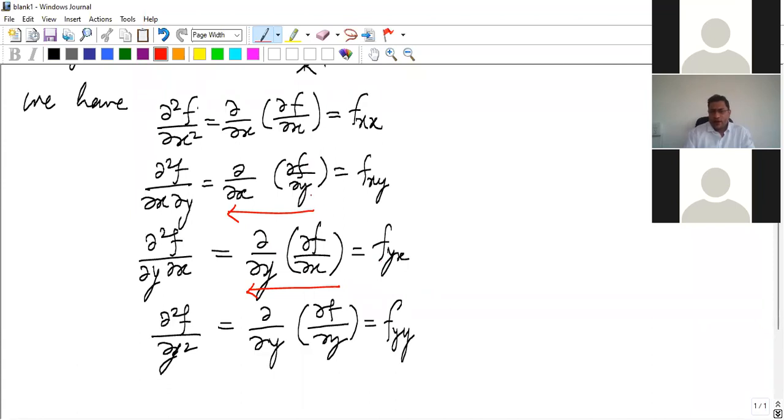Here we have already differentiated f with respect to y, and then we differentiate that derivative with respect to x. Here we have already differentiated f with respect to x, and now we differentiate with respect to y, so we get this notation in this particular order only.